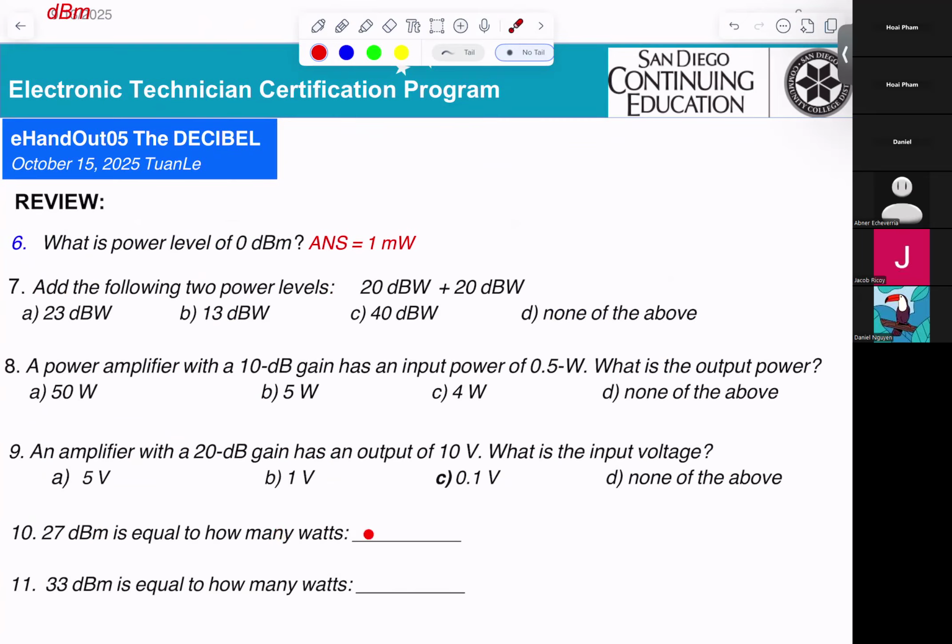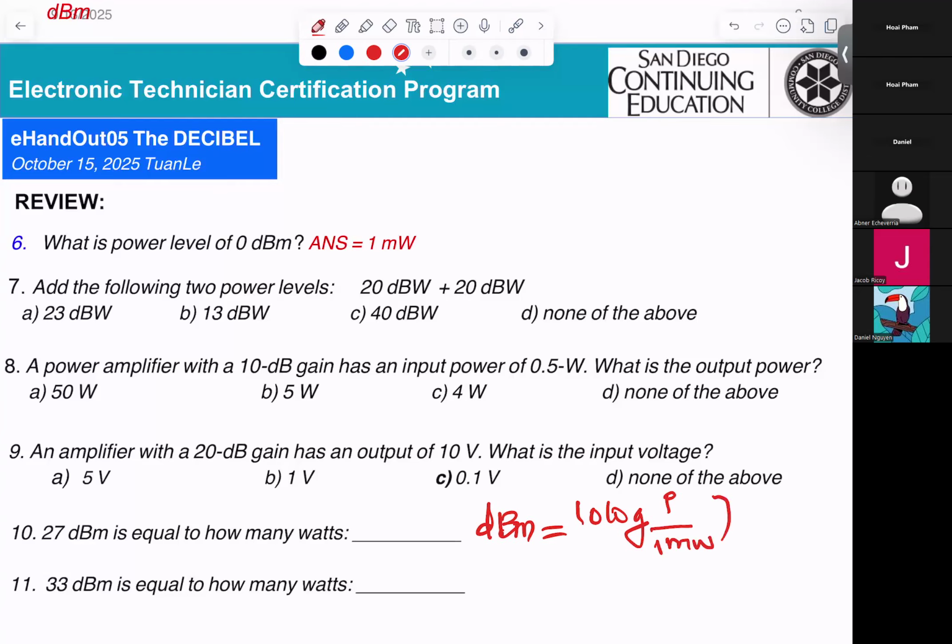Then you have to use the formula. dBm equals 10 times log of P divided by 1 milliwatt.